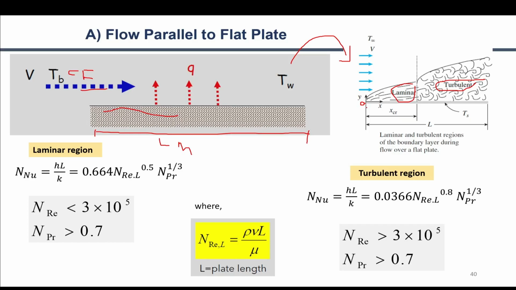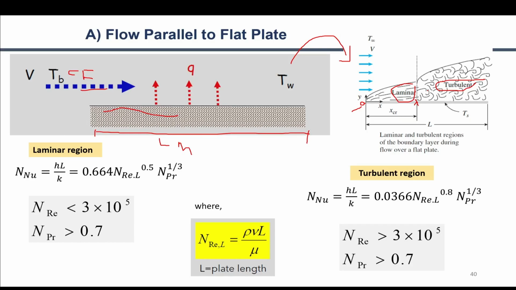The laminar flow will happen up to a distance x critical from the leading edge, where the Reynolds number will reach its critical value for transition. This is the critical Reynolds number for the flow to transition into turbulent.